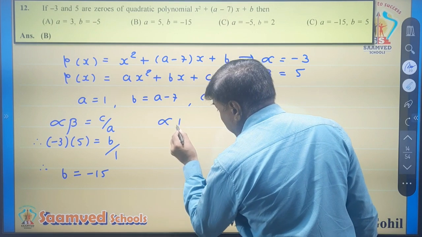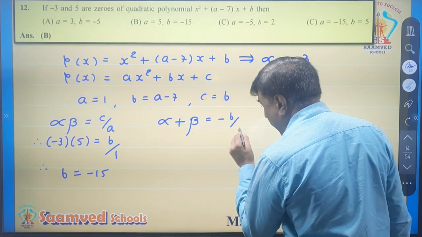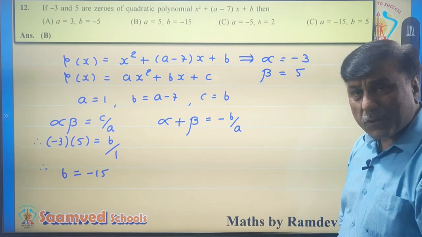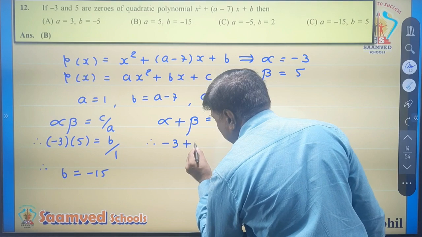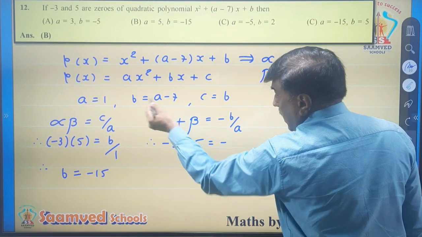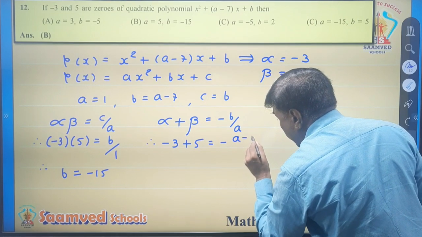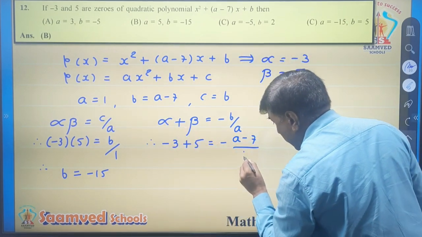Now, we will use this formula alpha plus beta is equal to minus b upon a. So, alpha is minus 3, beta is 5, is equal to minus b, that is a minus 7, upon a, which is 1.